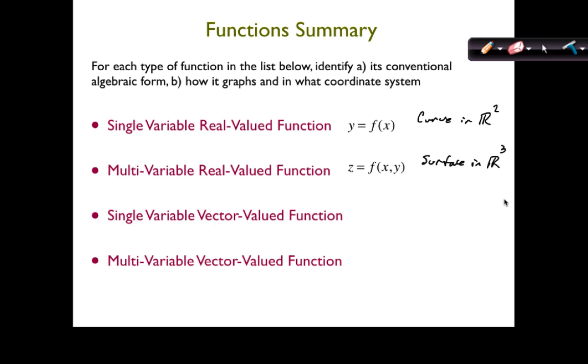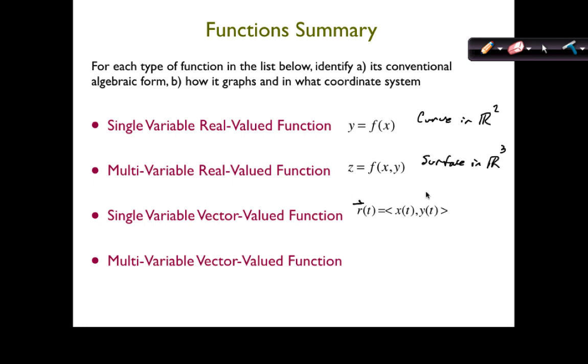A single variable vector valued function. How do we write that symbolically? Remember how we wrote those symbolically? Right, that's vector r of t.